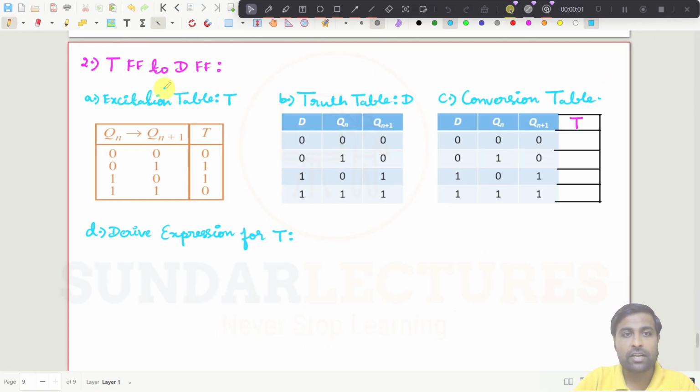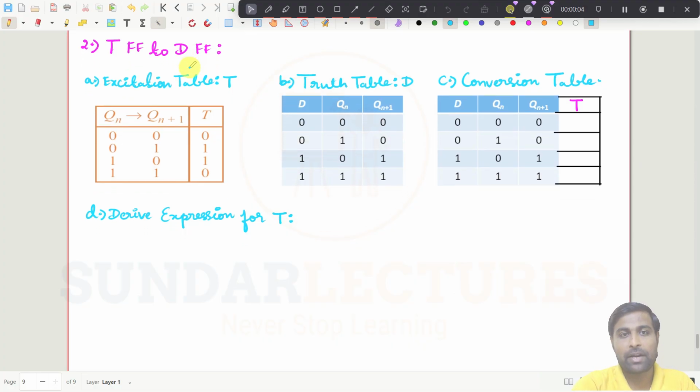So the next conversion is T flip flop to D flip flop, right? So the first one is, we have just taken the excitation table of the T flip flop and then the truth table of the D flip flop. This is the truth table of D flip flop, and for the conversion table, it is very simple, right?